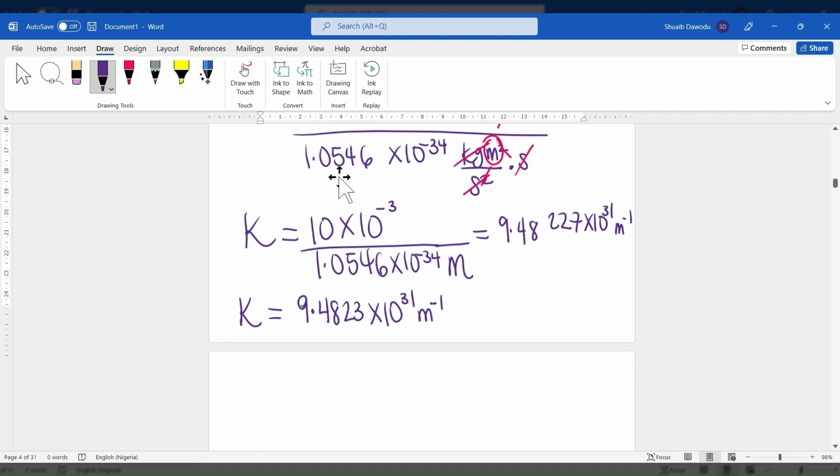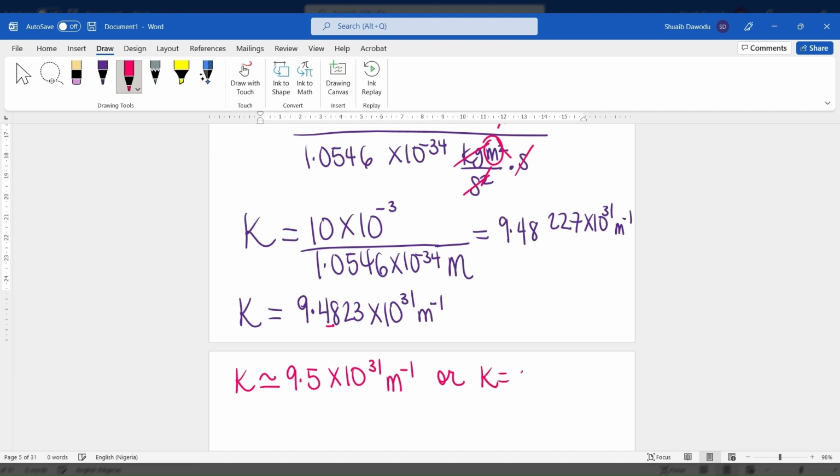So we have to approximate our value to 2 sig figs. So K is now approximately 9.5 times 10 raised to the power of 31 meter raised to the power of negative 1. So that's it. That's the answer for K.